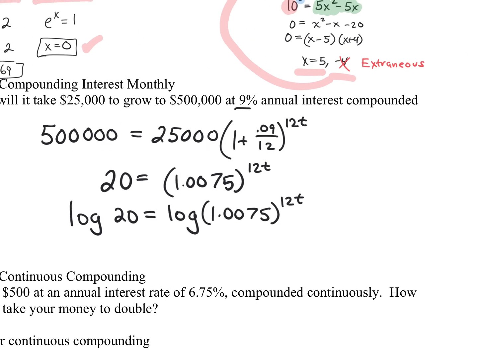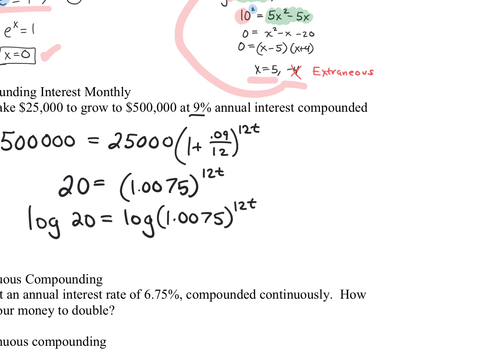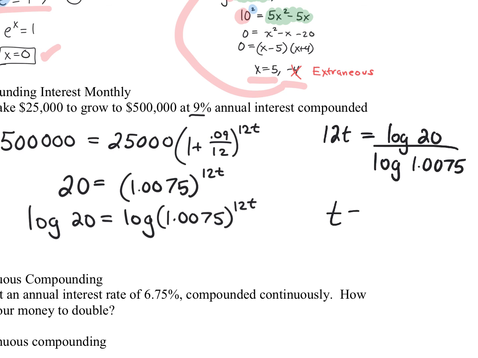That allows me to rewrite this as 12t equals the log of 20 divided by the log of 1.0075. That's a change of base, so we can let our calculator do the work there. When it's all said and done, I should find a t-value of 33.4 years.